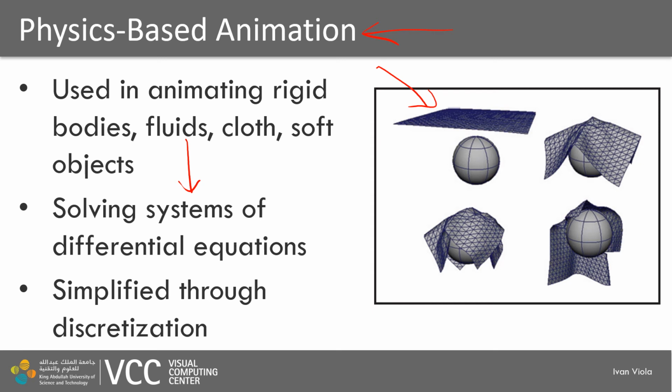And this can be done in a loop of defining forces, and these forces act upon our objects and then form certain accelerations, certain velocities, which will then ultimately lead to a change of the positions.